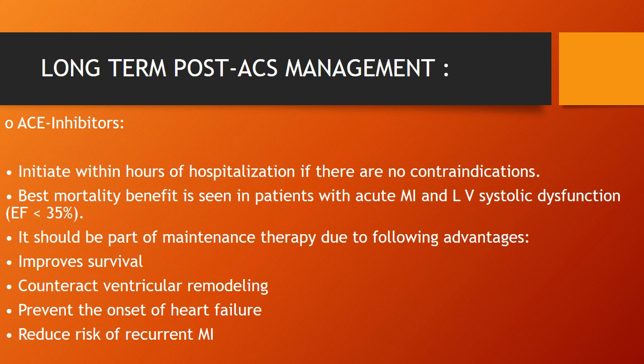Target HDL is more than 40 mg per deciliter, and target triglyceride level should be less than 150 mg per deciliter. ACE inhibitors, which are angiotensin converting enzyme inhibitors, should be initiated within hours of hospitalization if there is no contraindication. Best mortality benefit is seen in patients with acute MI and LV systolic dysfunction, those with ejection fraction less than 35%, and it should be part of maintenance therapy due to the following advantages: it has mortality benefit, it improves survival, it counteracts ventricular remodeling, it prevents the onset of heart failure, and it reduces the risk of recurrent MI.